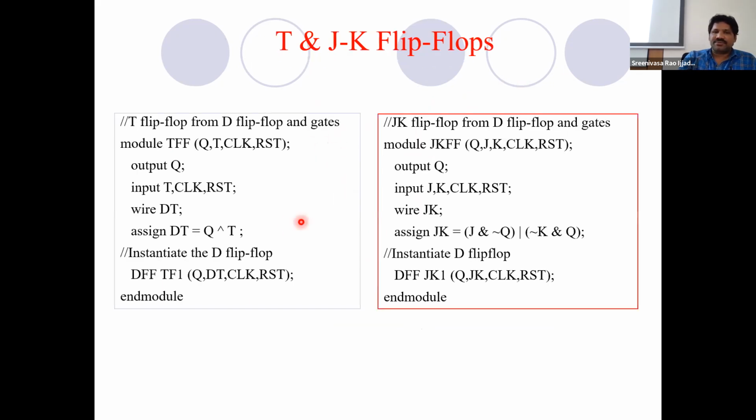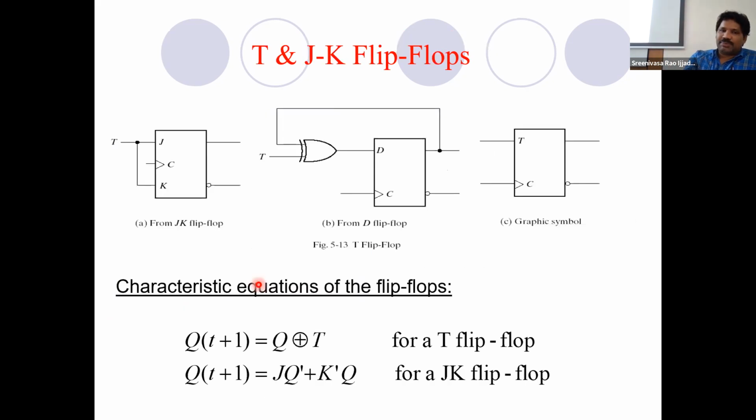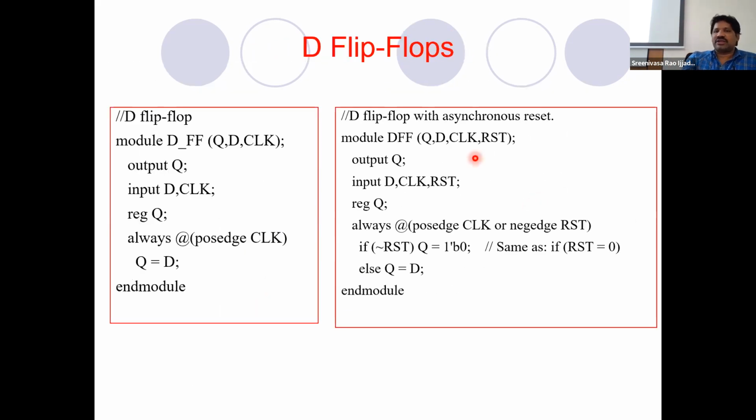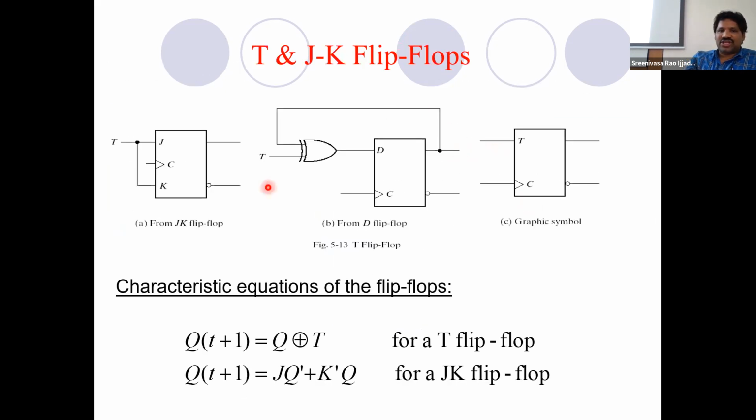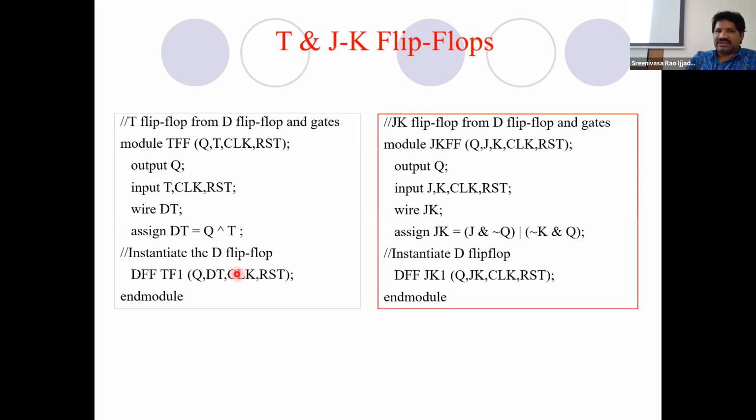So DFF is the module, and this is the instance name. And these are the signals Q, D, clock, and reset. The order of these signals must be the same as in the D flip-flop. Whatever order you wrote in the D flip-flop, like D, Q, clock, follow that. Suppose you take this one, then you change according to it: Q, D, clock, reset.